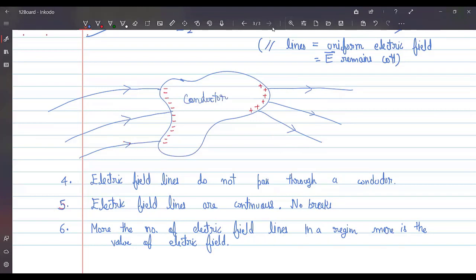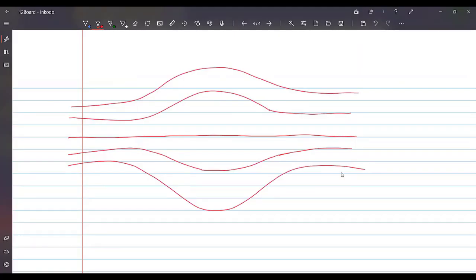Suppose I have my electric field like this. I have three regions here. Let me call them region A, region B, and region C. In region B, the density of electric field lines is quite less.